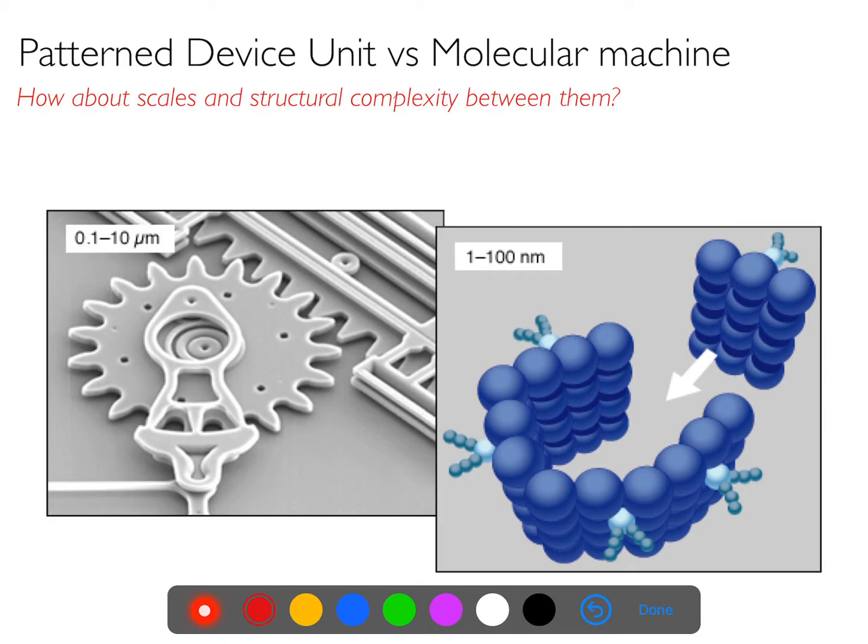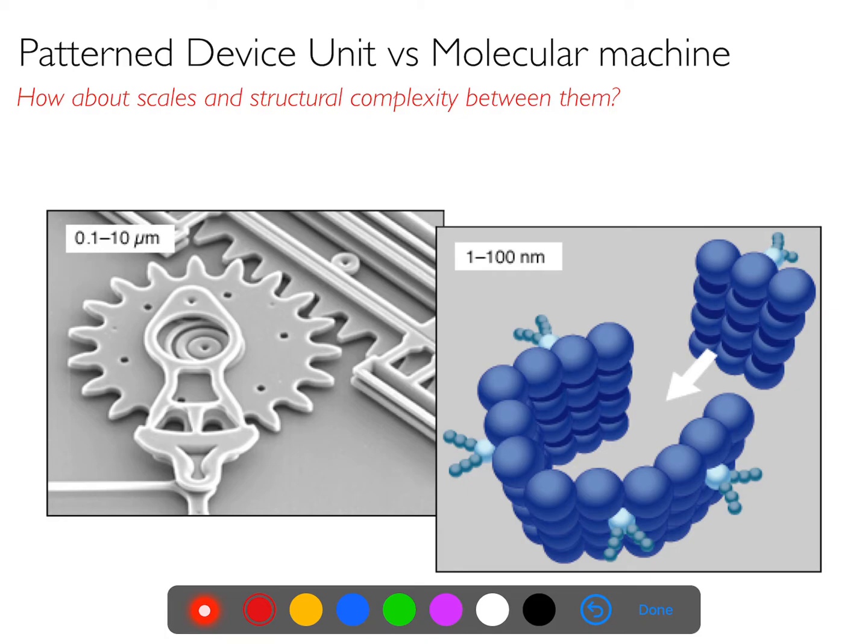Okay. Anyhow, I'd like to mention that the structural complexity found in such biological molecular motion is incredibly high, and far more complex compared with what we can achieve through the lithography method.